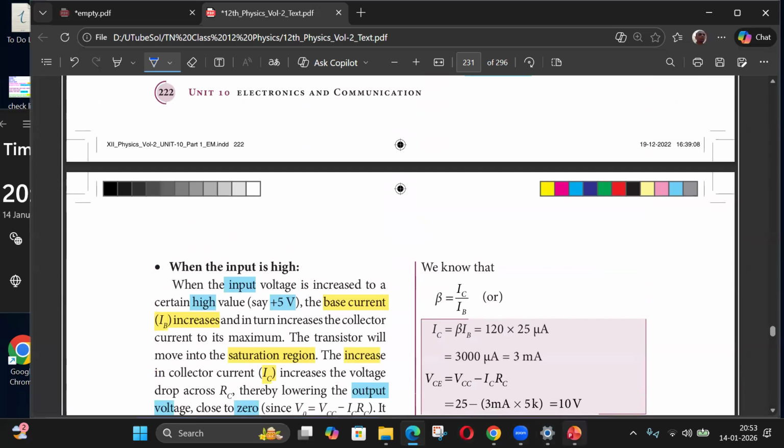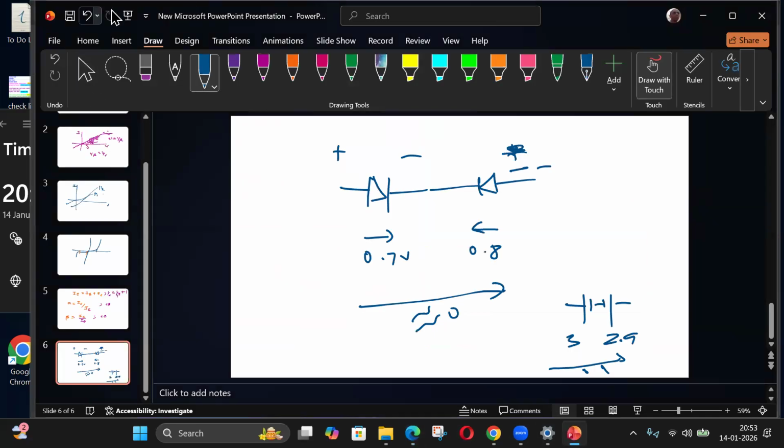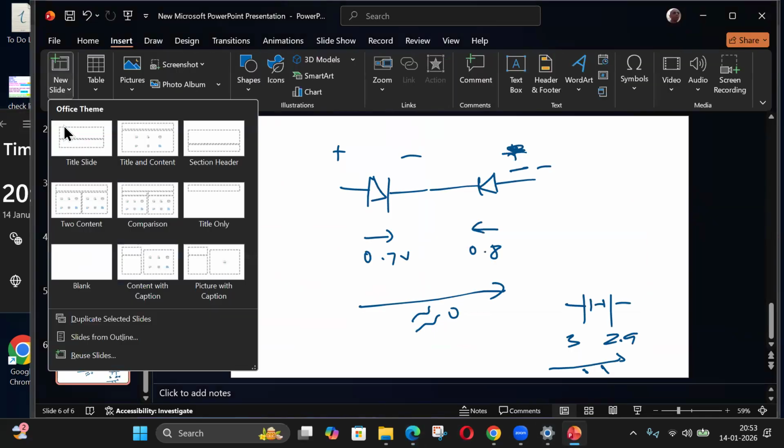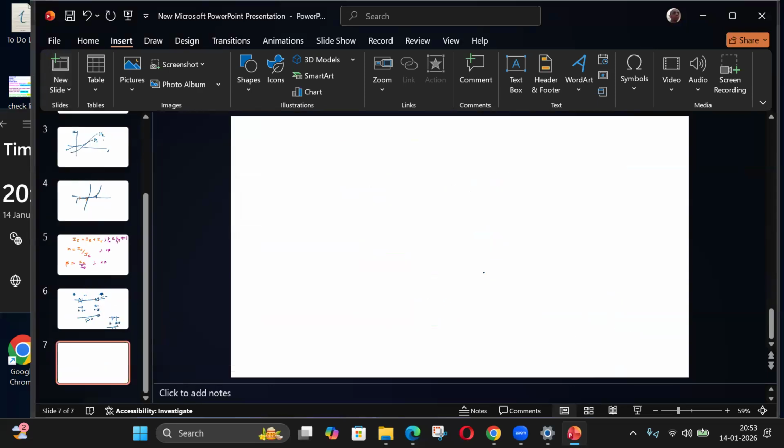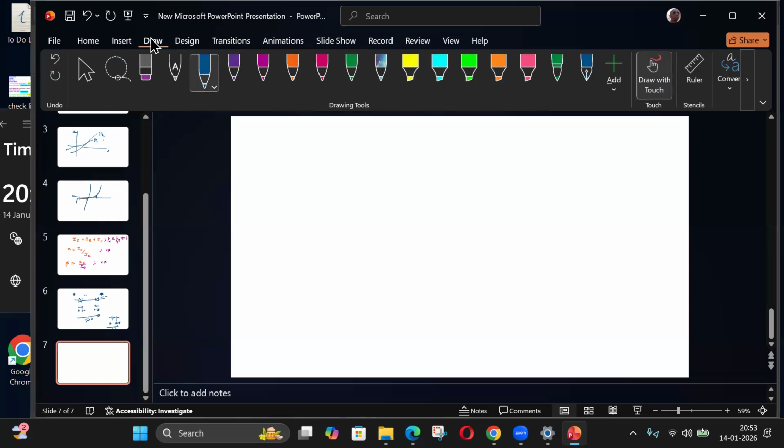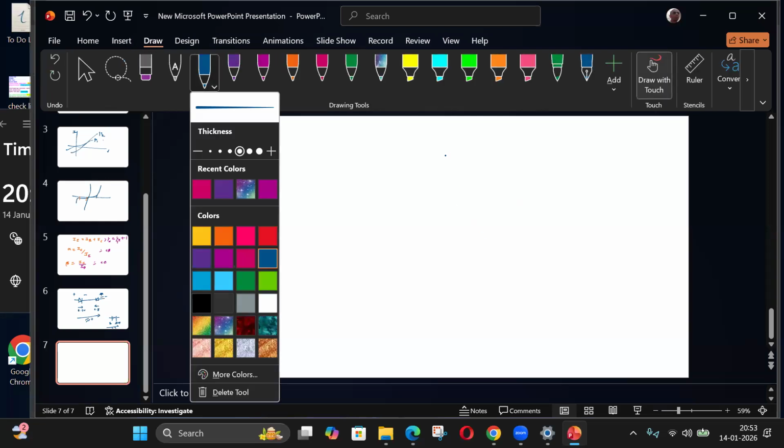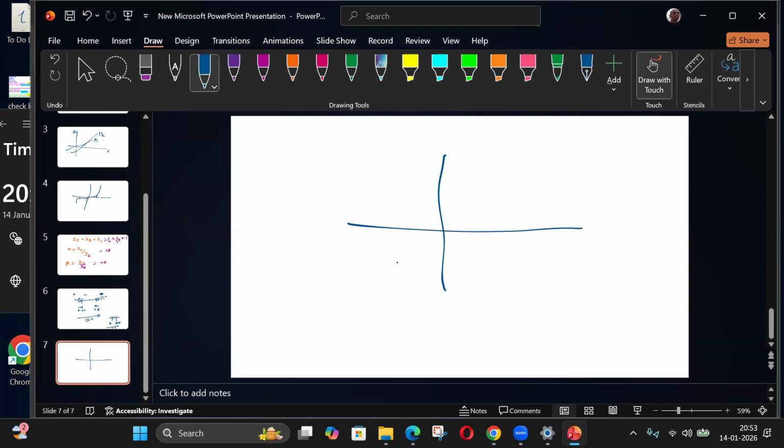Okay, another simple thing I want to explain. See, for a resistance, this is I, this is V. So if I apply this value of voltage, I'll get the corresponding current.